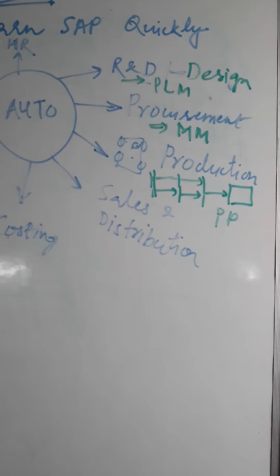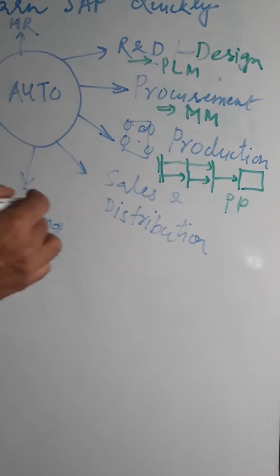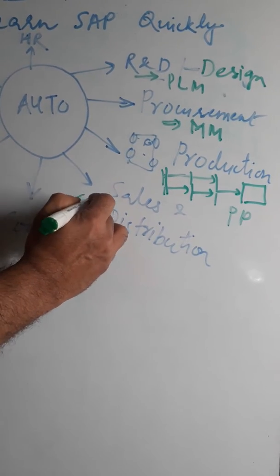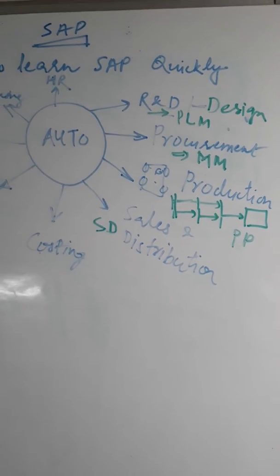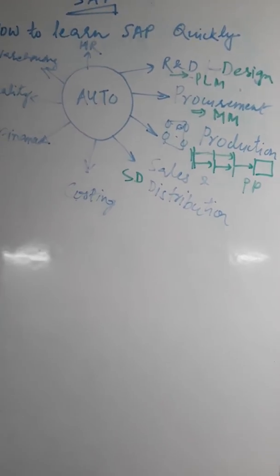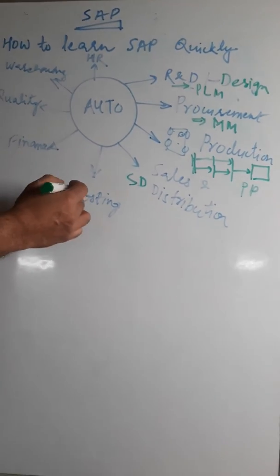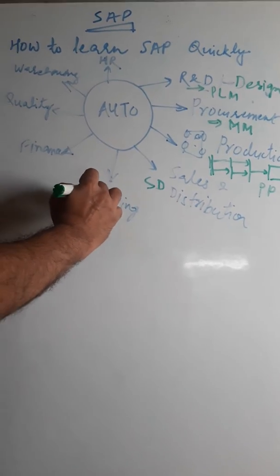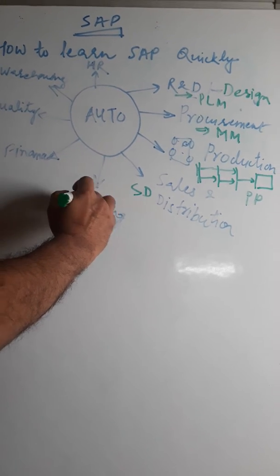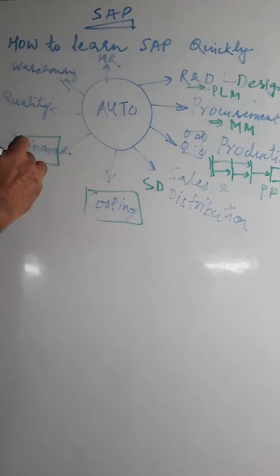If we have experience in sales or marketing and related areas, then we can choose sales and distribution. If you have experience in finances and costs related to a product, then we can choose a module called costing, or a module called finance.